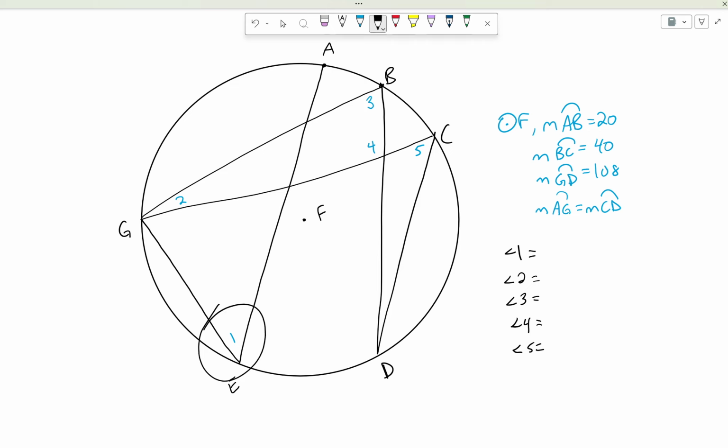Now, let's take angle 1. Angle 1 opens up to arc AG. Do we know what AG is? Well, we know it's the same as CD, and we've got to find what CD is. Now, BC, we know, is going to be 40, and BC opens up to angle 2.